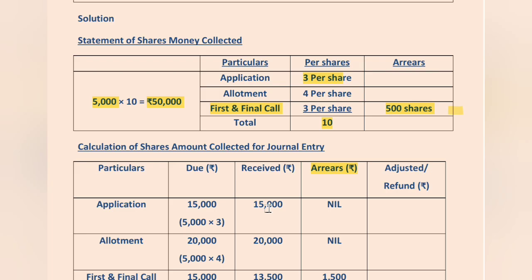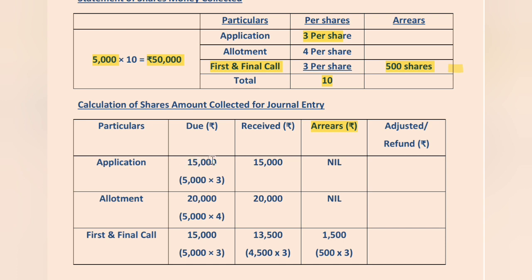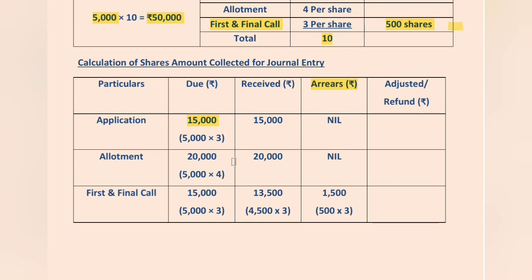So that is transferred to share capital, the company's capital. 15,000 rupees transferred. Next, the remaining amount is called in allotment.